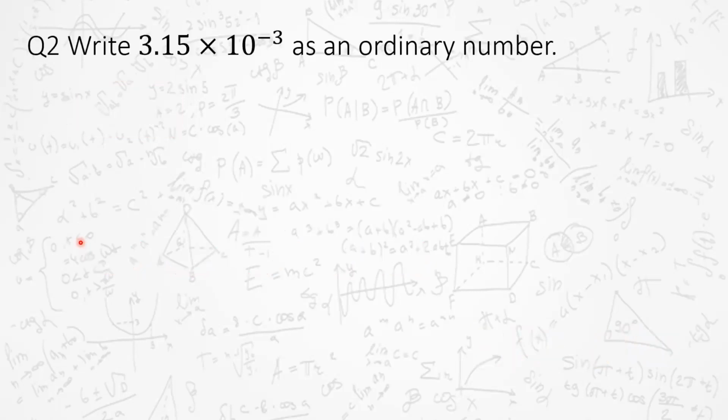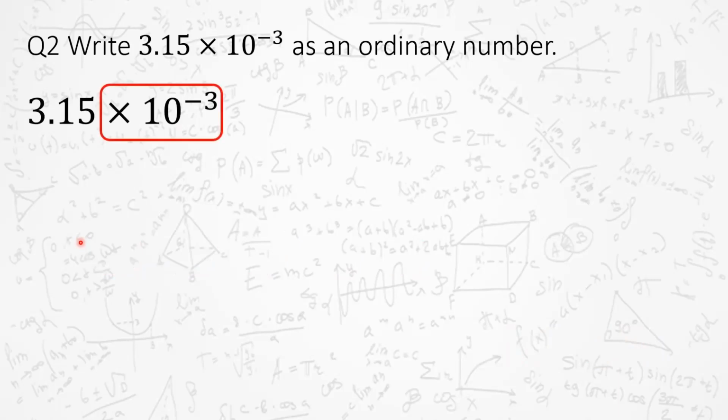Next one, question 2. Write 3.15 times 10 to the power negative 3 as an ordinary number. The focusing point is the times 10 to the power minus 3. Because it's minus 3, we need to move the decimal point to the left 3 times.